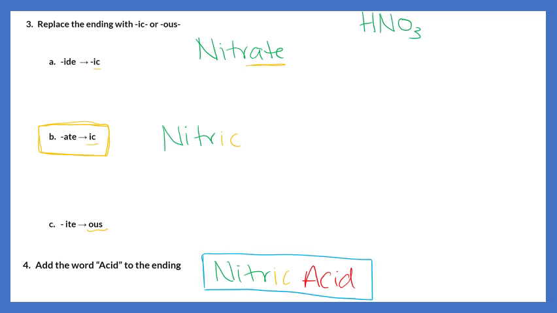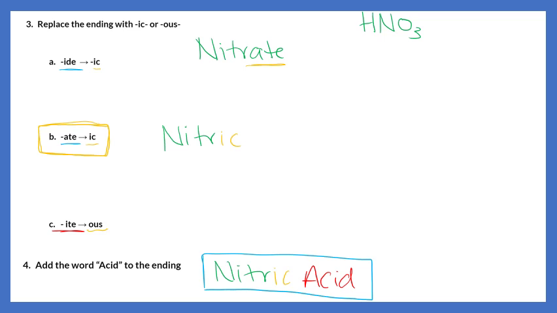Okay, nice job. So just to back up a little bit, if the polyatomic ion or the element that you're trying to name ends with ide or ate, you're going to change the endings to ic. If they end with ite, you will change the endings to us.